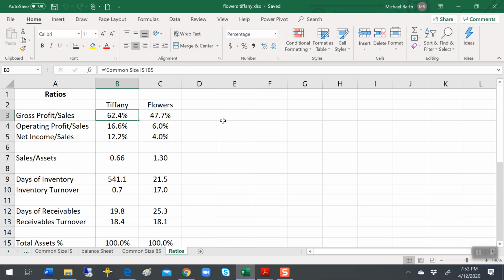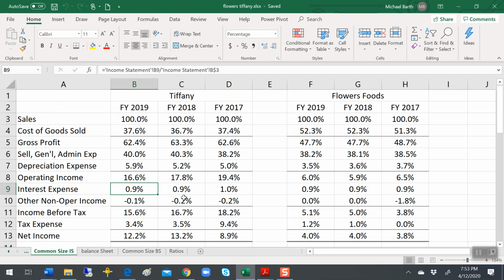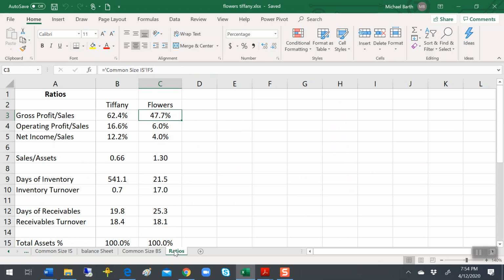Now, when we were looking at the common size income statement for these two firms, one of the things that we can see is that the cost of goods sold as a percentage of revenue is much lower at Tiffany than over here at Flower Foods, which means if we look at the gross profit margin, it's materially higher at Tiffany's than it is at Flowers.